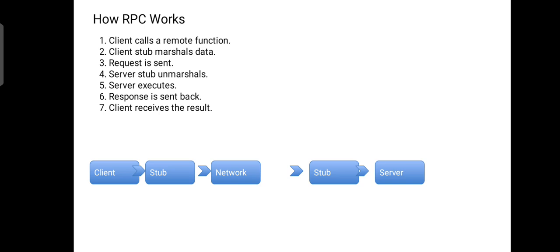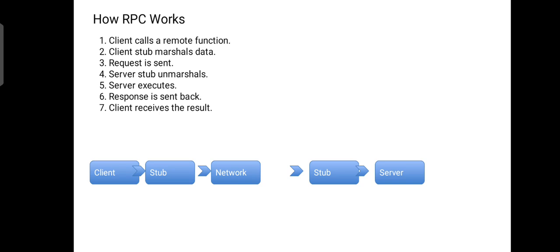Finally, the client receives the result and continues the program. A simple example is when you check a bank balance using a mobile banking app. The app sends a request to the bank server, then the server processes it and returns your account balance.